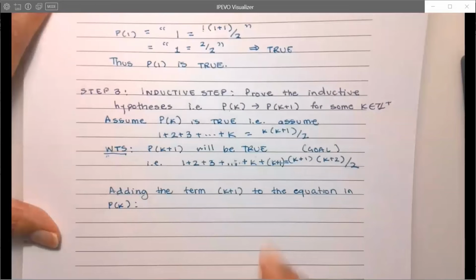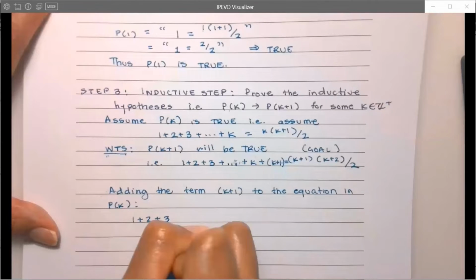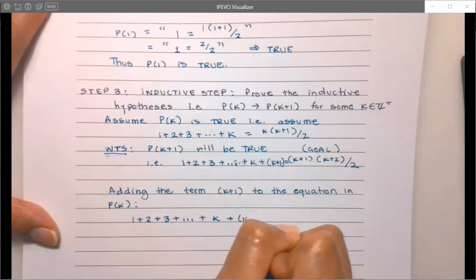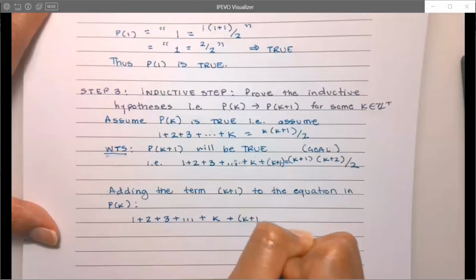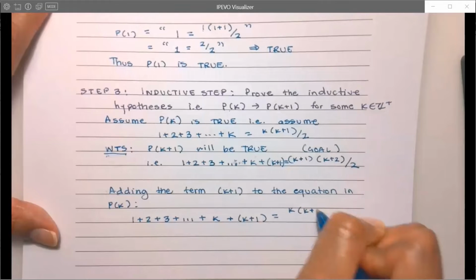We get that 1 plus 2 plus 3 plus all the way down to k plus 1 is going to be equal to k times k plus 1 over 2.